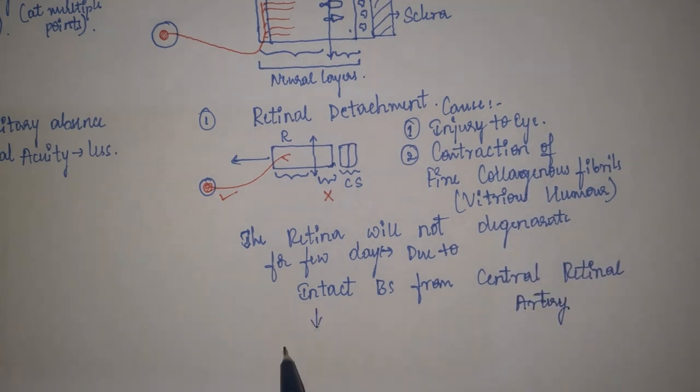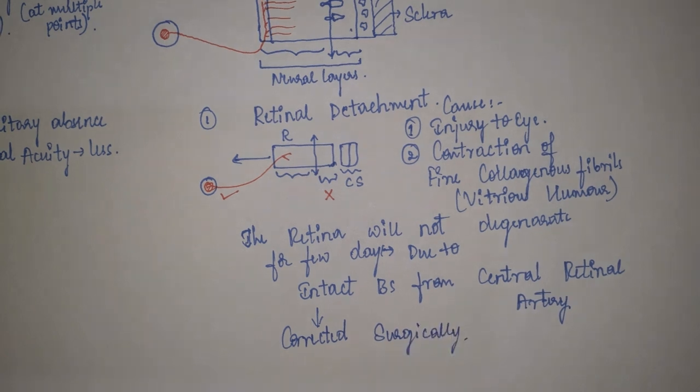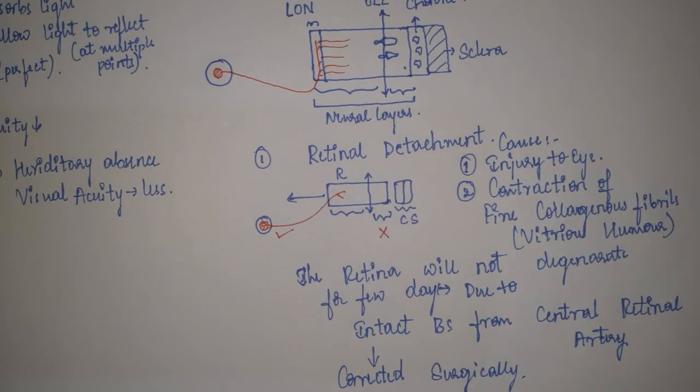It should be corrected surgically. If this is not surgically corrected, then the retina will be damaged permanently, which leads to blindness. Okay, this completes the retina.